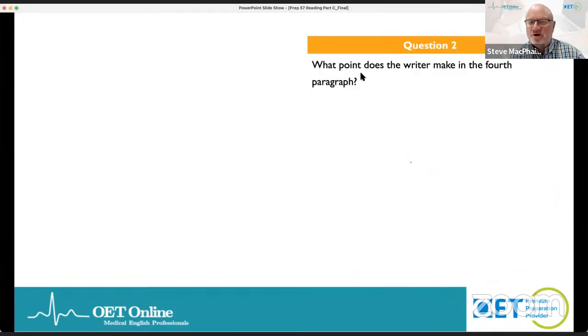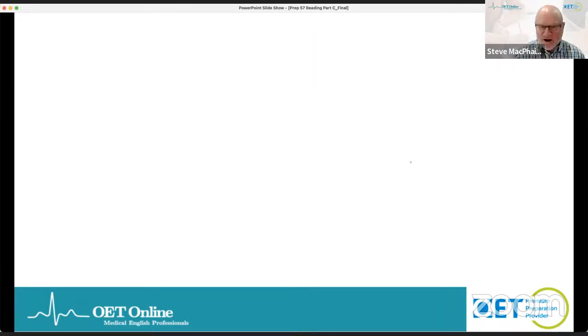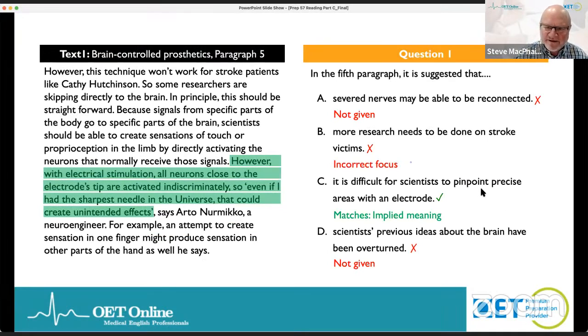And this time we've got the 'what point' question. What point does the writer make in the fourth paragraph? What point does the writer make? I'll just go back one sec, sorry. So, pinpoint synonym, we have to go back, because I will try to answer that.